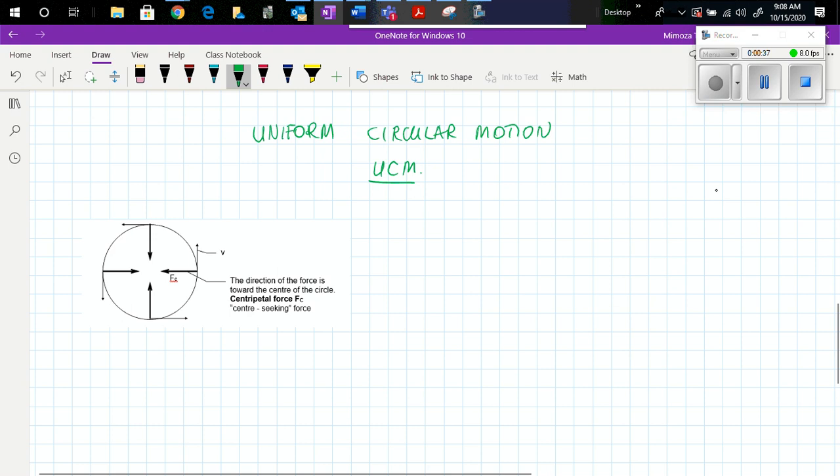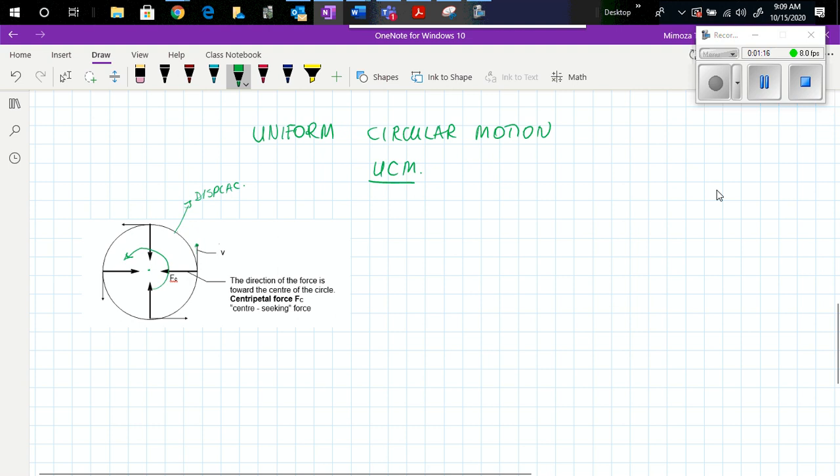It is unique because when the object is moving in a circle, like you see it here, and the assumption that we are having here is that the object is moving counterclockwise. You see the velocity, so if this circle itself is the displacement of the object, the velocity, being the slope or the first derivative of the displacement, is tangent to the displacement.